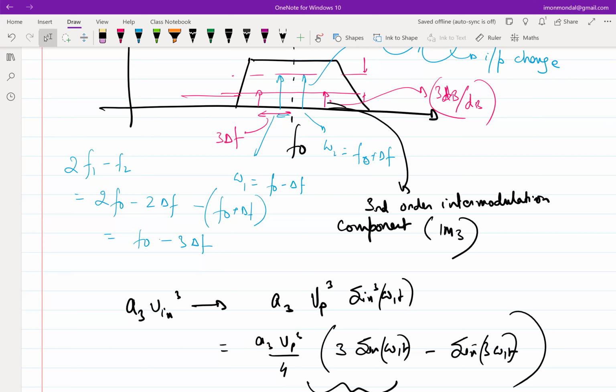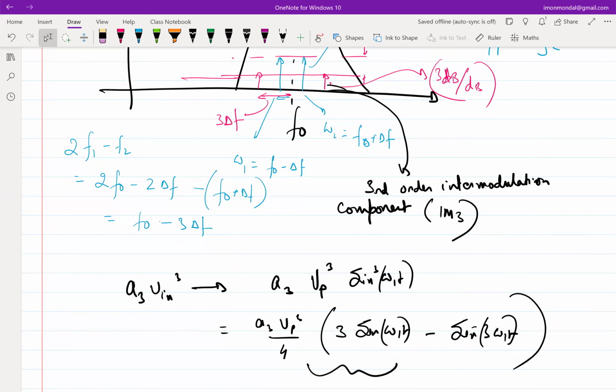So you divide IM3 by the fundamental gain, and the number that you get will be input referred IM3. If we simply say IM3, it's better to be clear what you are talking about, output or input. So if you are talking about IM3 at the output, you should say OIM3, O referring to output. And if I refer to input referred, you should say IIM3, right?